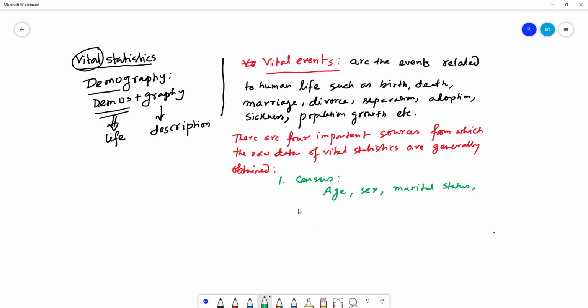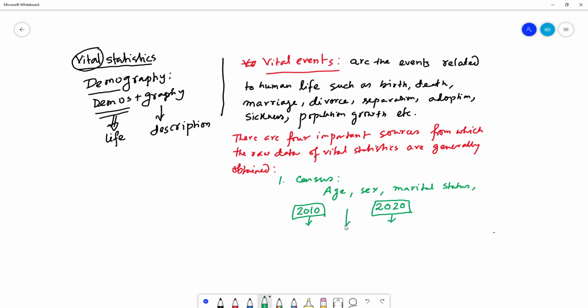Suppose the census occurred in 2010 first, then 2020.